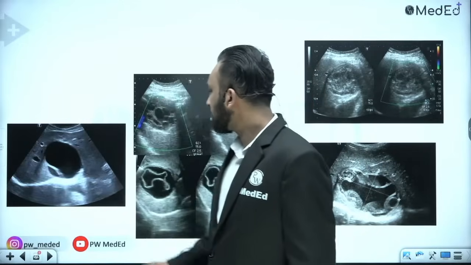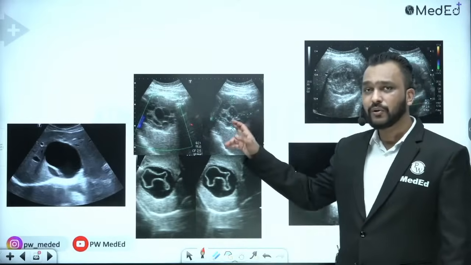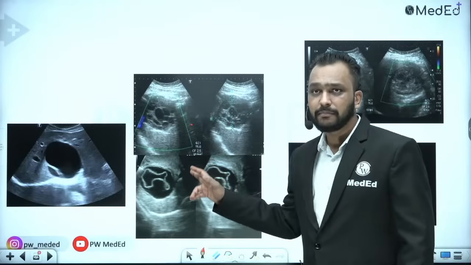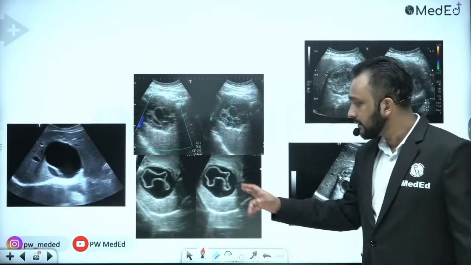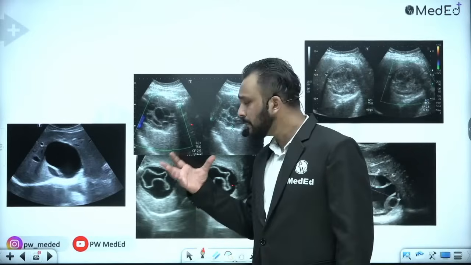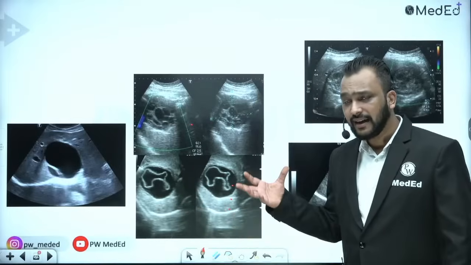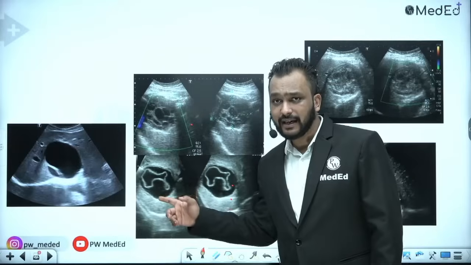In the first stage, you can see an anechoic cystic lesion. In the second stage, you can see a multiloculated cystic lesion in the liver. And in the third image, we can see that the membranes of the cyst have detached and are giving this water lily appearance. That is again seen in hydatid cyst of liver.